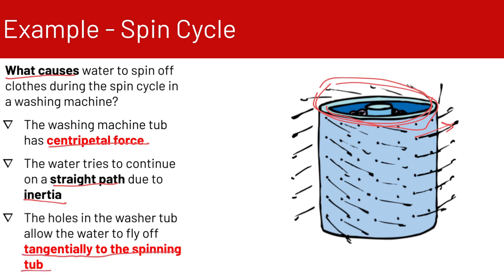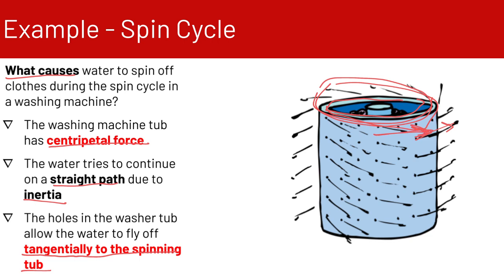So the clothes inside the washer end up getting pressed into the inside wall of the washing machine. Just like the water, the clothes want to go off tangentially.